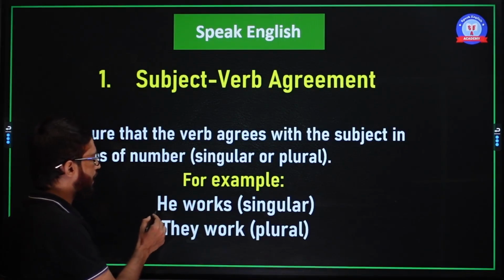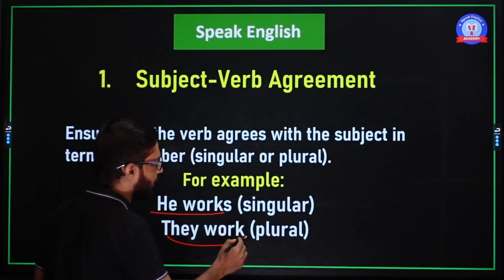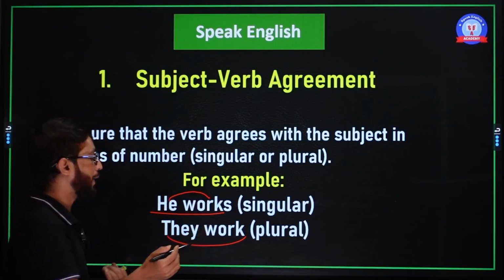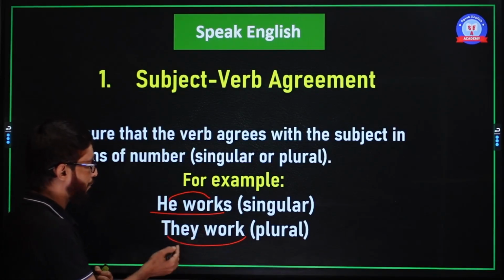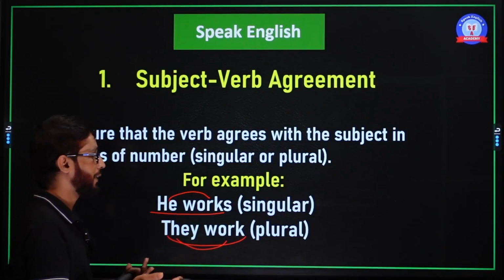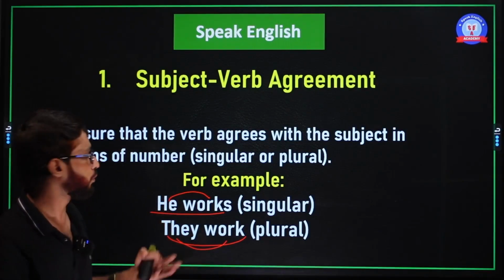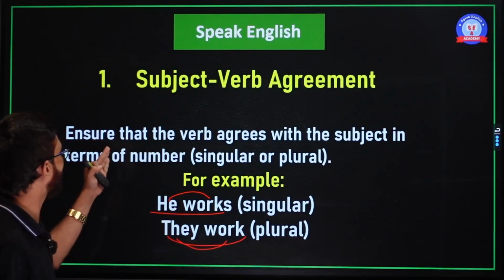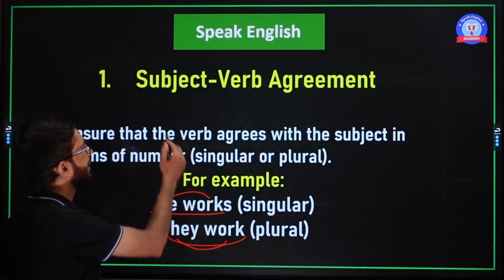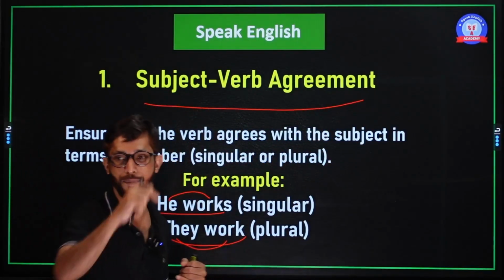We can say he works and they work. What's the difference between these two sentences? He works, why not they works? Or if there is they work, so why not he work? We have to fix this problem, right? So to fix this problem, we have to ensure that the verb agrees with the subject in terms of number, right? That is called subject-verb agreement.